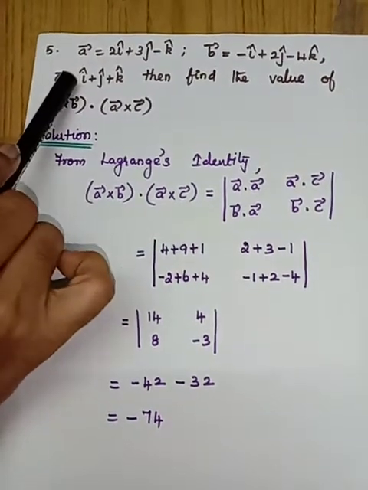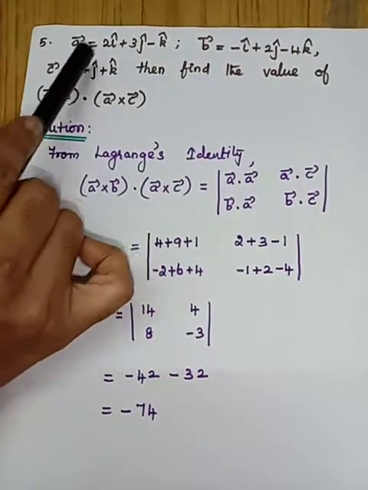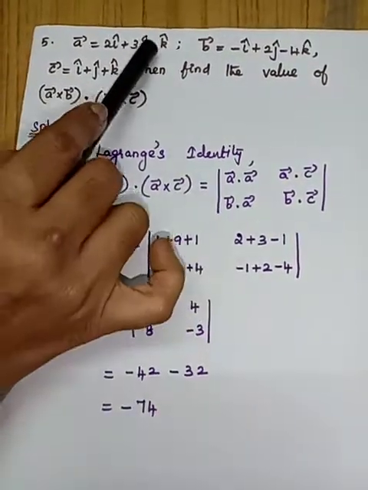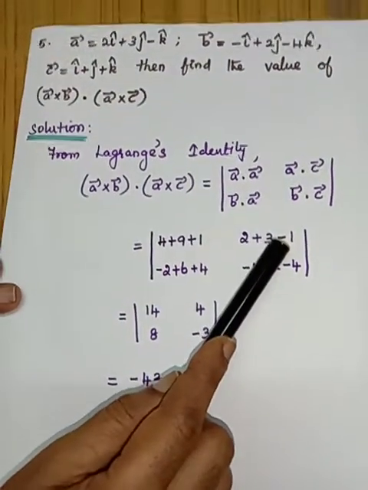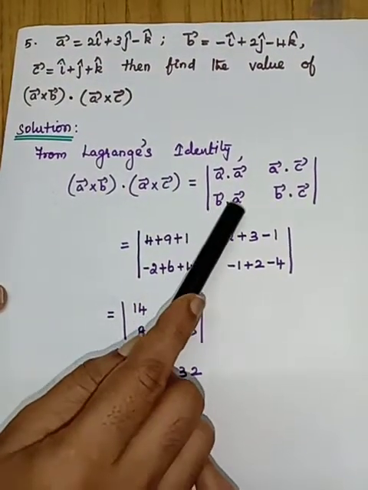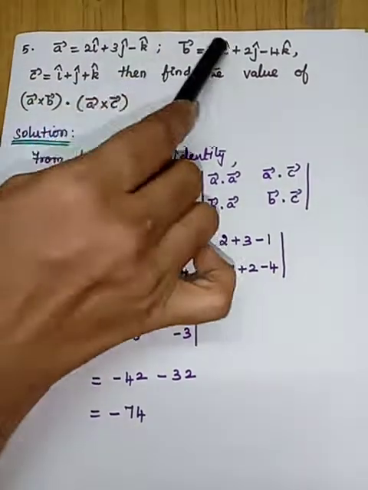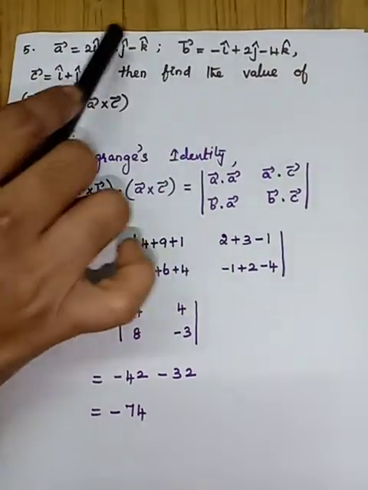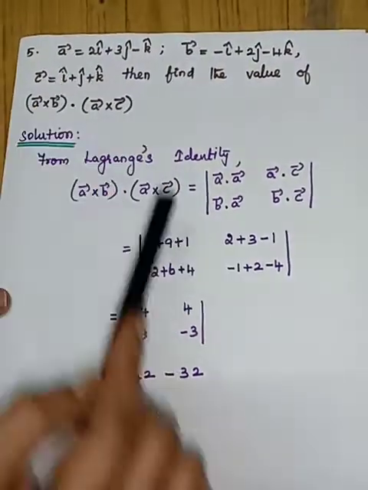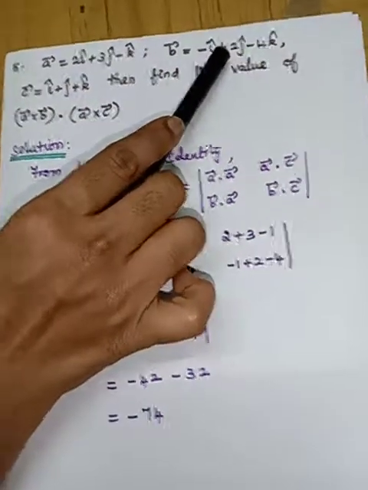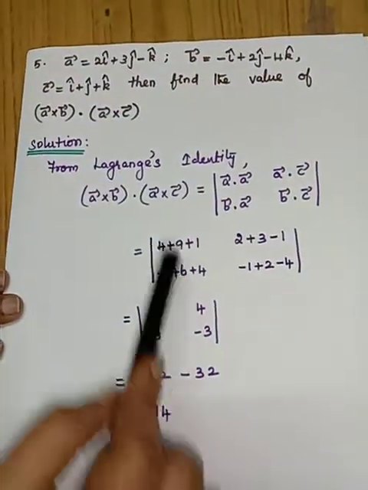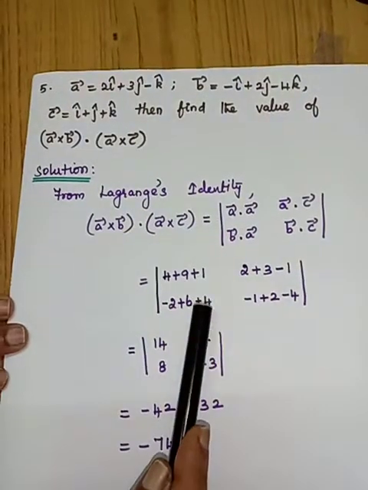So 2 into 1, 2, 3 into 1, 3, minus 1 into 1 is minus 1. So here what you are having? B dot A. So you have to take the dot product between B and A. So minus 1 into 2 is minus 2. 2 into 3, that is 6. Minus 4 into minus 1 is plus 4.